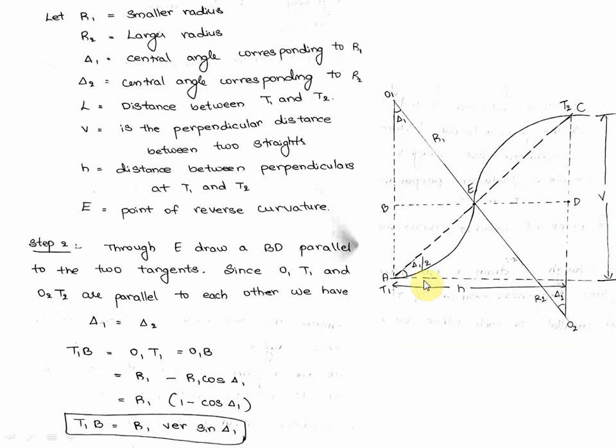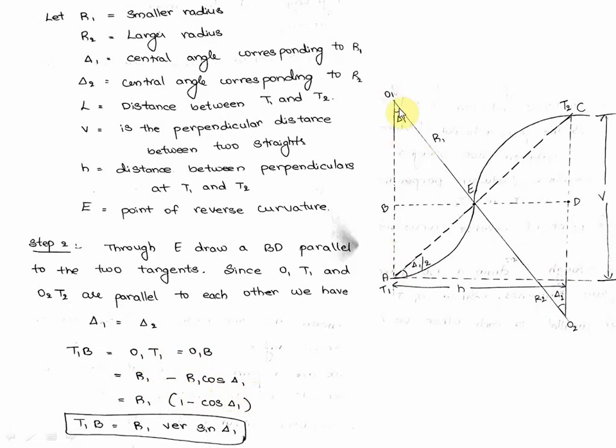This you need to find, this distance T1B. So how will you find it out? T1B equals O1T1, that is the total length, minus this O1B, the short distance, so you will get this distance.